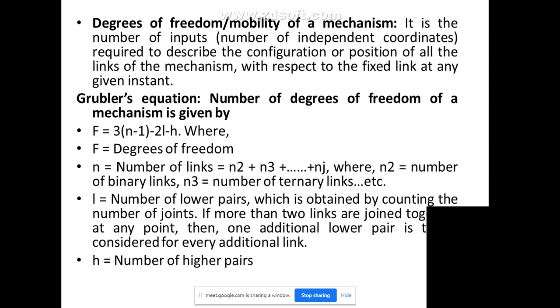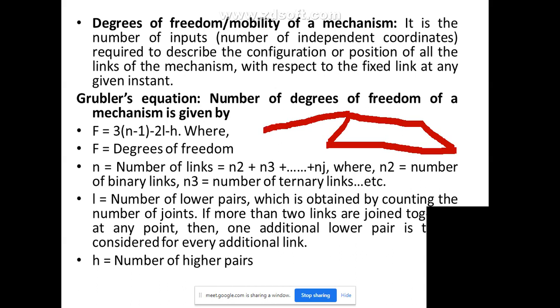If a particular link is drawn like this, and the link is again extended by some more links like this, you can see these are all separate links. So here there are 6 links, but the number of lower pairs will not be only the joints; you have to do something special.